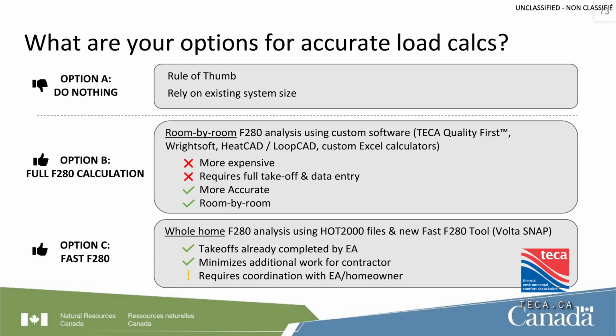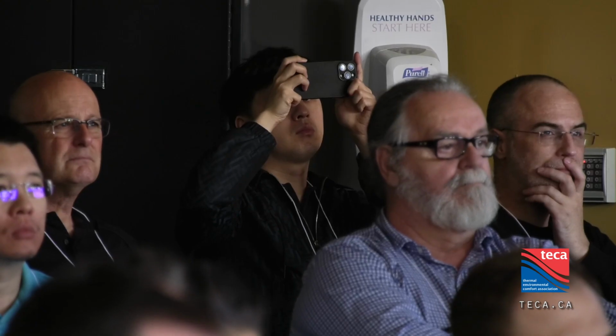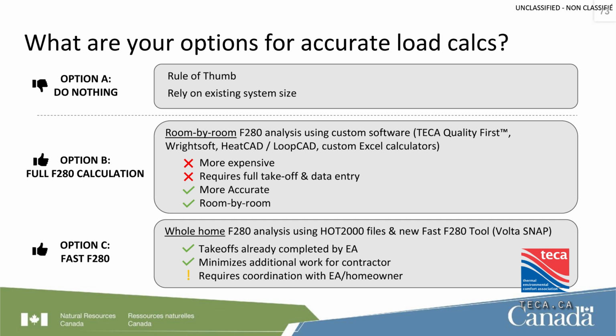Another option is, we'll call it Fast F280. There's a newer system out there that's available called VoltaSnap, and we're gonna have a little demonstration of it. Basically, this works well if an energy advisor has already done an evaluation that has produced a HOT2000 file.